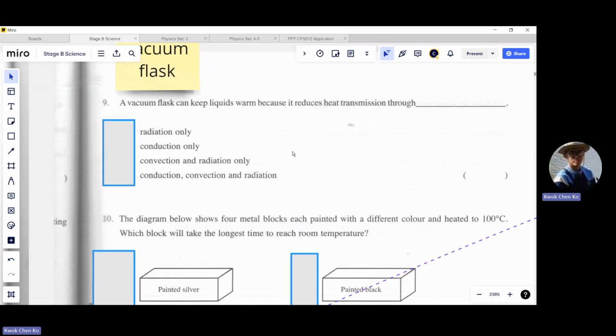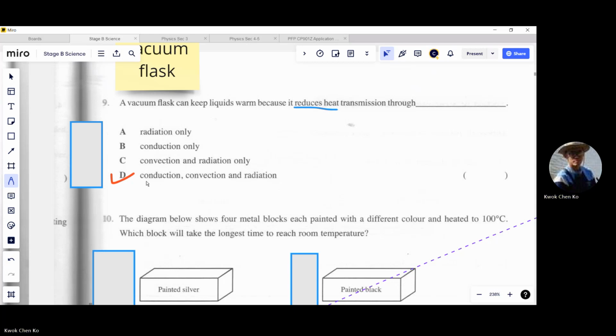Okay, let's finish this off. This is vacuum. Once you see the word vacuum, there's one thing that it is connected to. What is it? Unfortunately, it's not like that. In this case, it's talking about reducing heat.